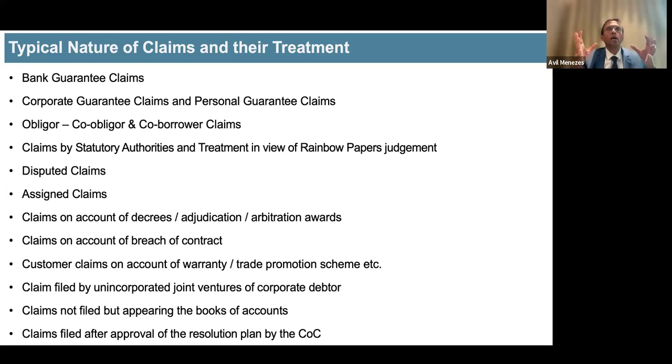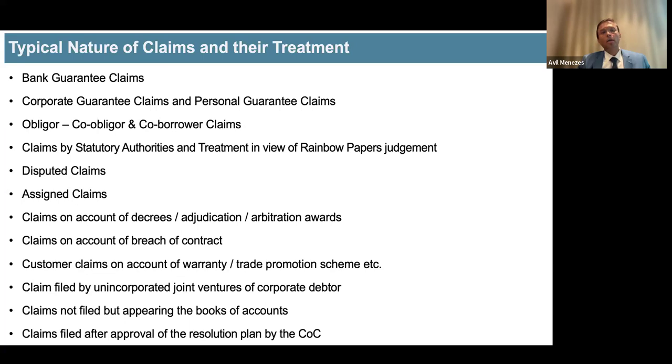So in a COC comprising only of operational creditors, there are four related parties who would have assigned their debts to some non-related party, and that person comes and steps in. You'll always have to look at claims from the underlying position of what it was originally. So originally, if it was an operational debt of a related party, now assigned to an unrelated party, it will still remain the character of a related party. There are a couple of judgments in that respect.